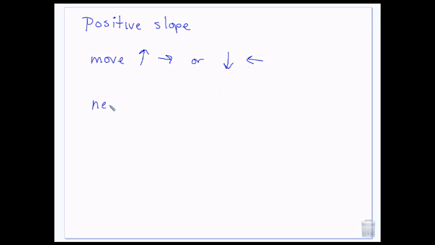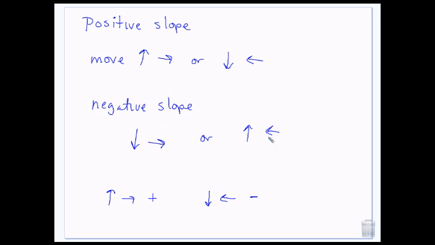If you have a negative slope, you move down and to the right or up and to the left. Because up and to the right are positive, down and to the left are negative. So if you have 2 negatives, that makes a positive. 2 positives makes a positive, or 1 of each makes a negative.